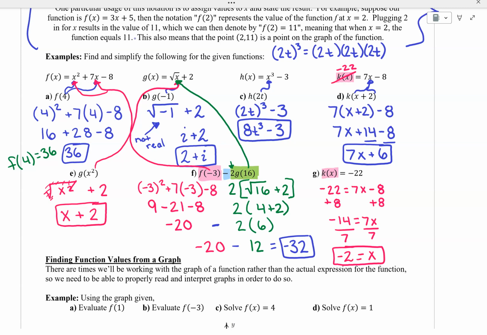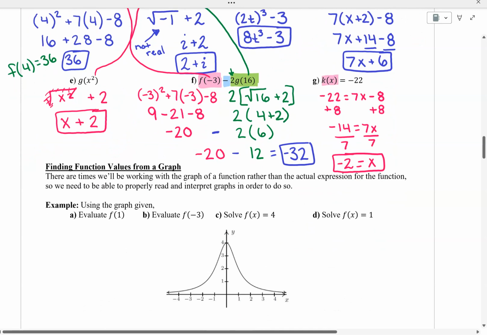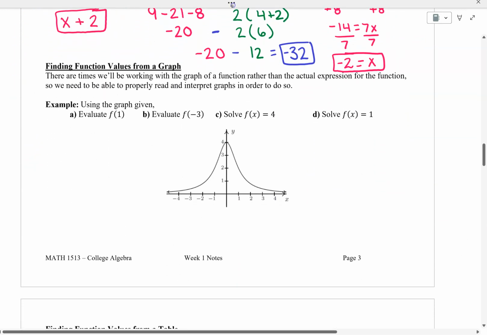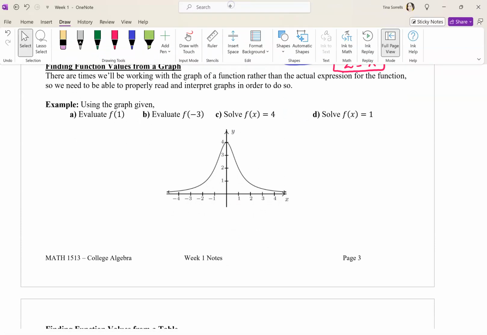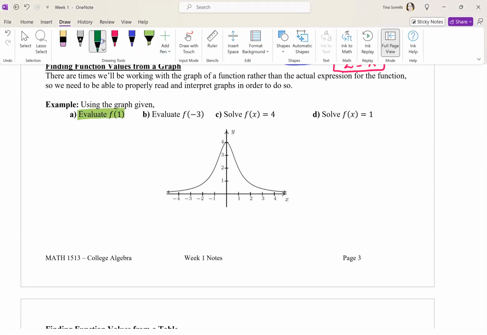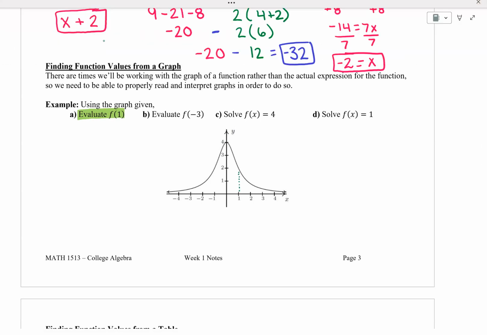And I actually really like these. So if I scroll down here, okay, I'll probably do the same thing with the color coordinating. Okay, we'll start off with green. So this one we want to evaluate the f function at 1. So you're just going to look at the 1 and go up. And what do you think that is? Well, we just go like that.